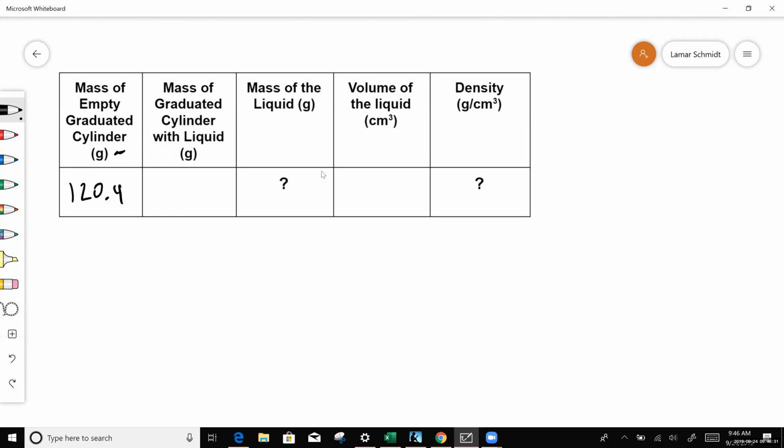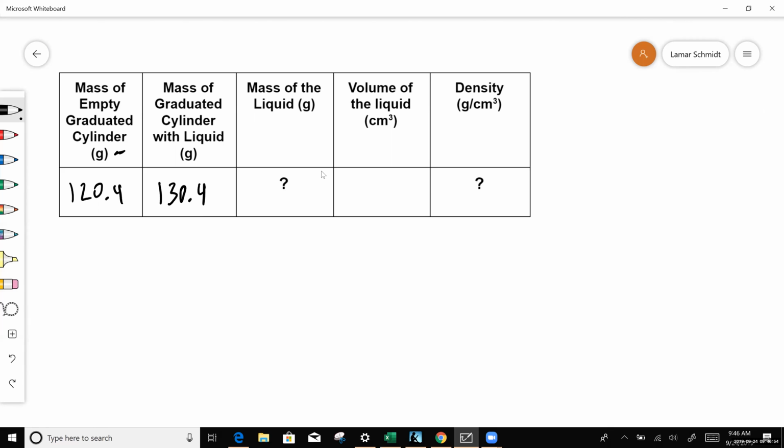120.4. Now give me the mass of the graduated cylinder with a liquid. 130.4. I think we're having a battle in here. That's all right.